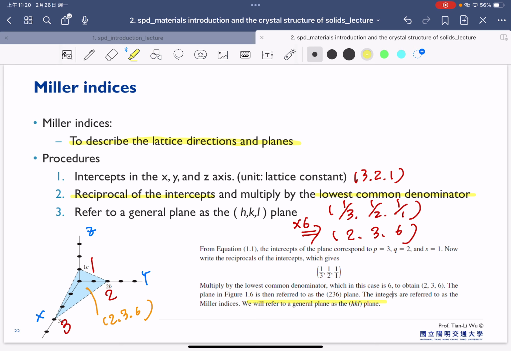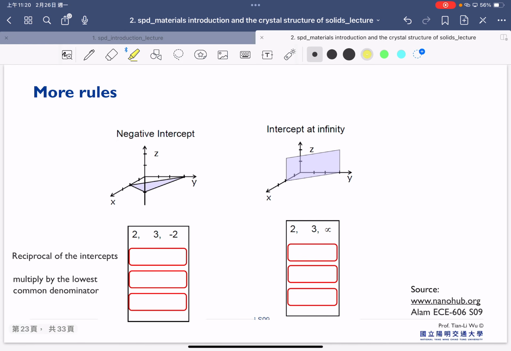There are some more rules. For example, if we are interested in a plane that has a negative intercept, like the first case here, the intercepts are 2, 3, and -2. Again, we take the reciprocal, which gives 1/2, 1/3, 1/-2.